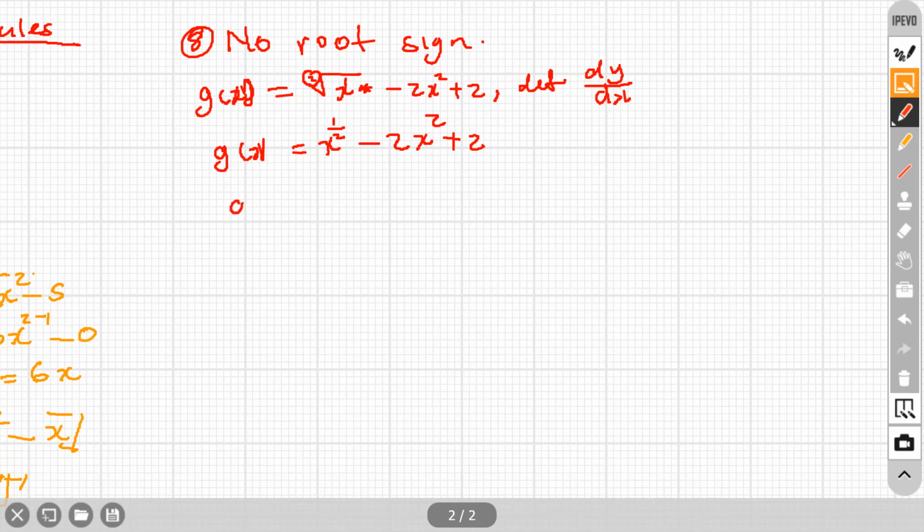So we are asked to determine what? Dy over dx, which is equals to, then half, this power is going to multiply the coefficient here. 1 times half is what? It's half. So 1 over 2. Then x. Then this half will minus 1. We'll get a negative 1 over 2. Then minus.